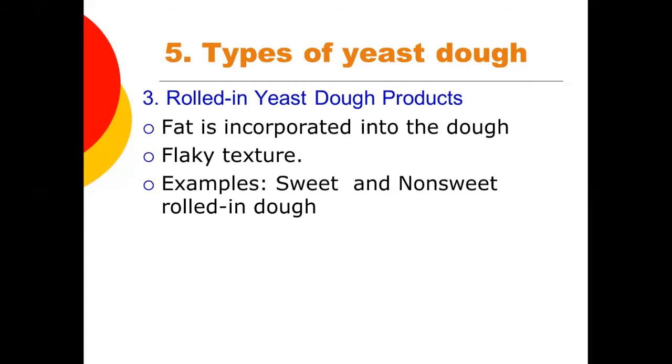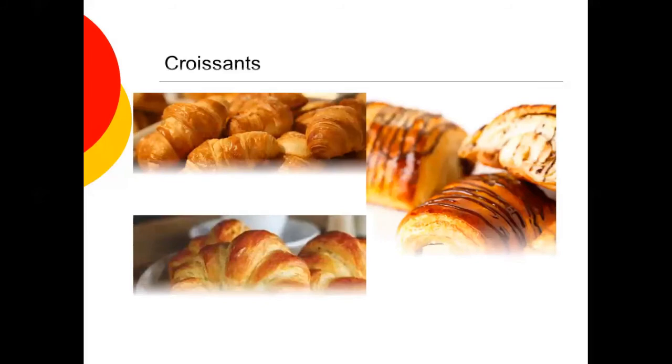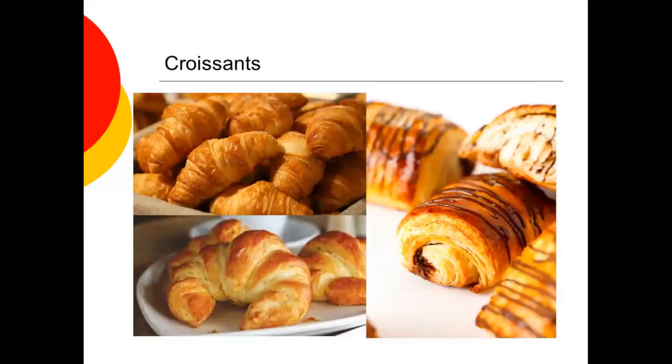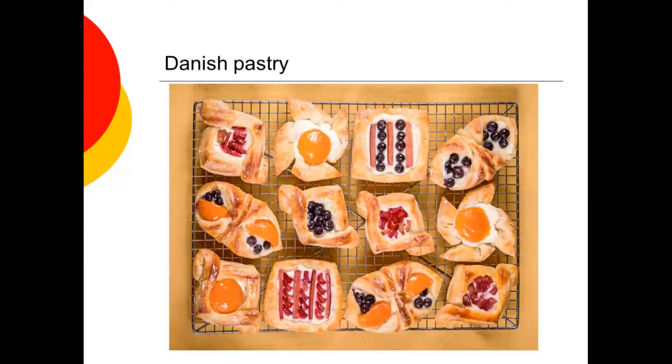Examples are sweet and non-sweet rolled dough. The croissant is a non-sweet rolled-in dough example, and the sweet dough is Danish pastry.